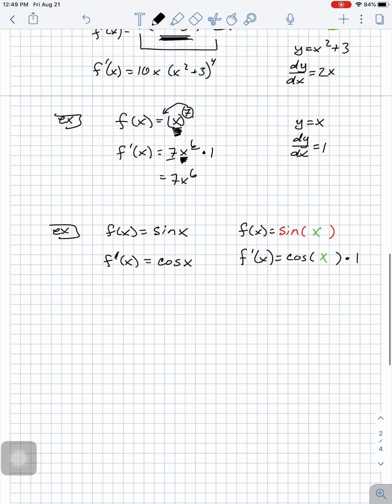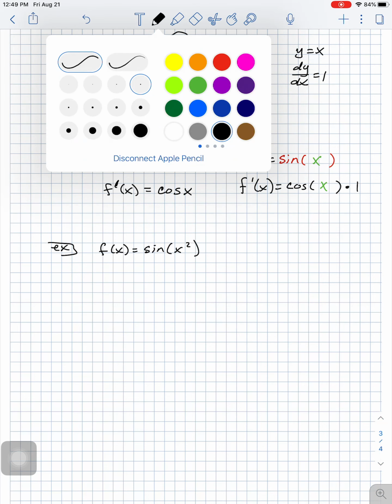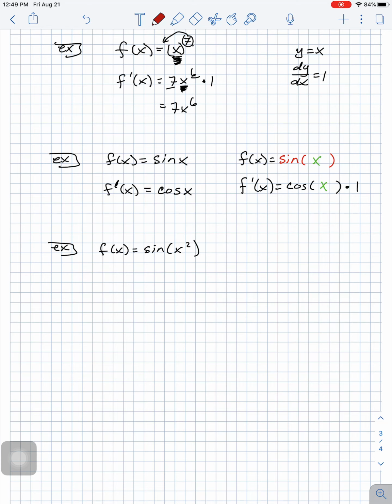Now let's compare that to putting some stuff in here. So let's say f of x equals sine of x squared now. How does this change the problem? Well, the outside function is sine. The inside function is x squared. And let's run it through the chain rule.